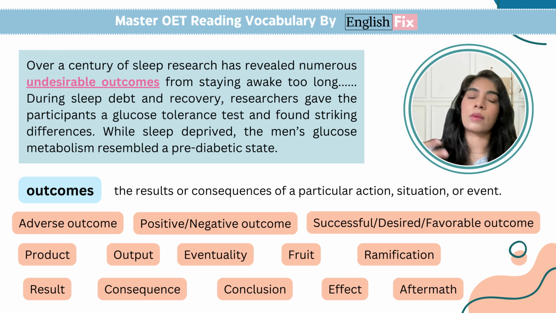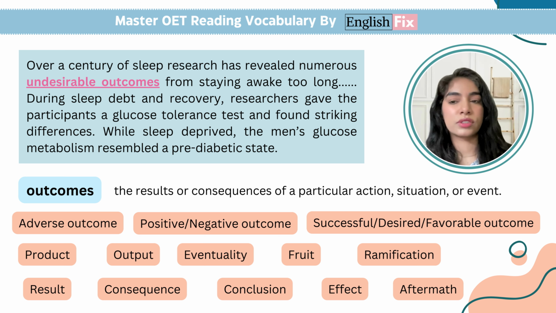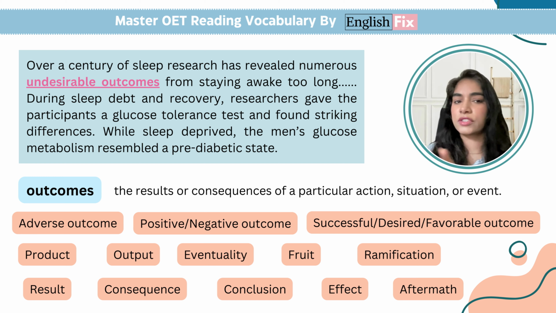So, whenever you want to talk about what kind of outcomes we are going to receive, you can use adjectives with it, and that makes up the collocation here. So, undesirable means something that we did not want, something that we don't like. Undesirable, unfavorable. So, not a very good outcome, right?